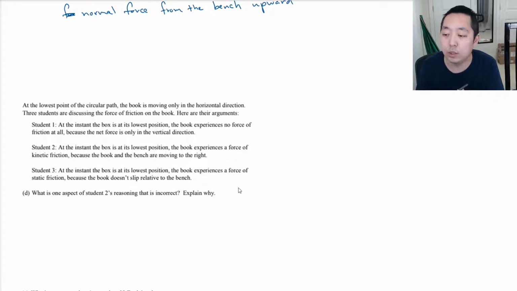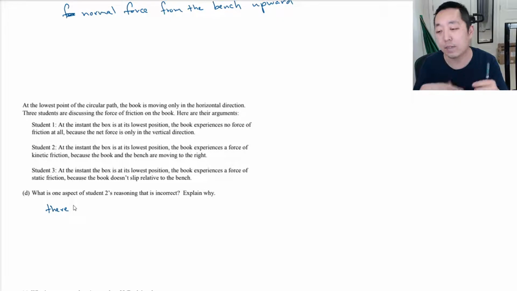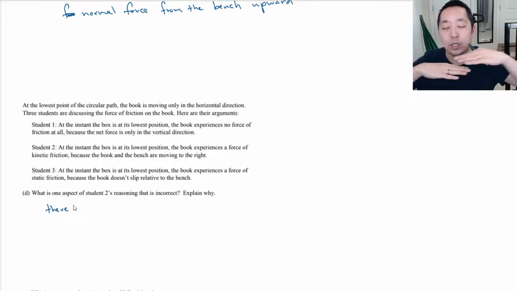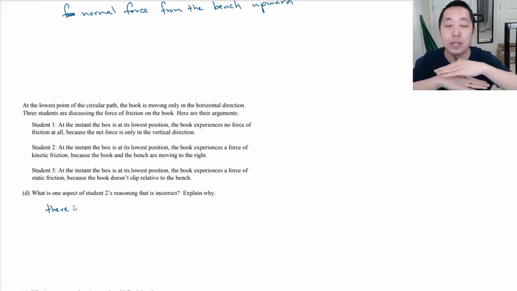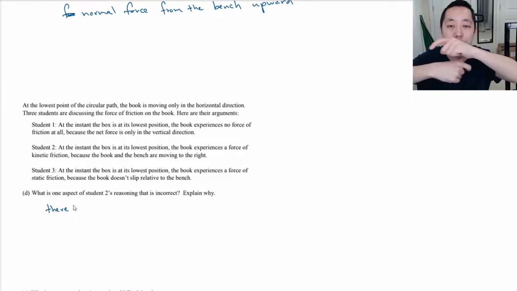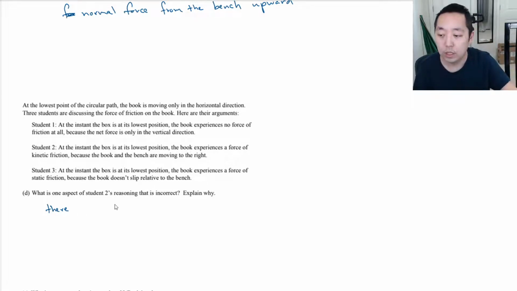D. What is one aspect of student 2's reasoning that is incorrect? There is no kinetic friction in this case. Kinetic friction is not just when something is moving, but when it's moving relative to the surface. If I had friction with the bench, you would need the book sliding along the bench, a movement relative to the surface, like a rubbing motion. That's not happening in this case.